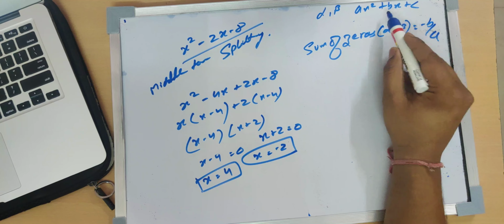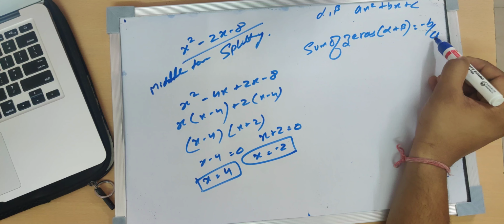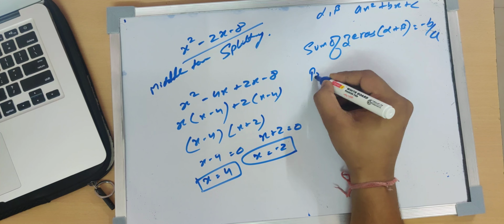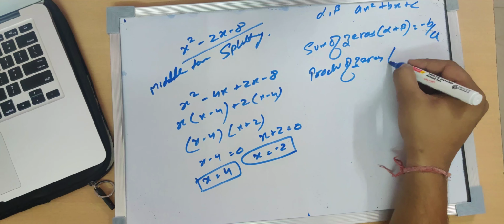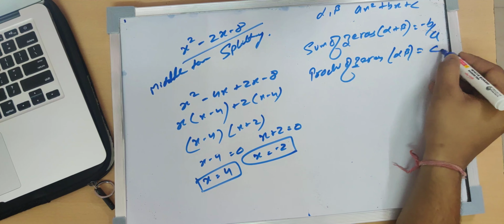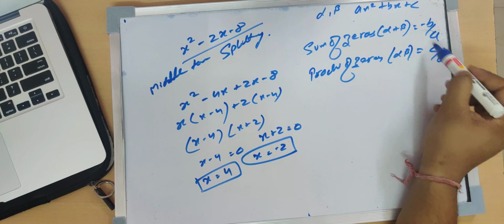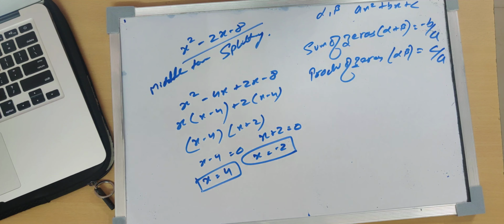Now b is the coefficient of x and a is the coefficient of x square, and the product of zeros, that is alpha into beta, will be equal to c by a. Now c is your constant term and a is again the coefficient of x square, right?